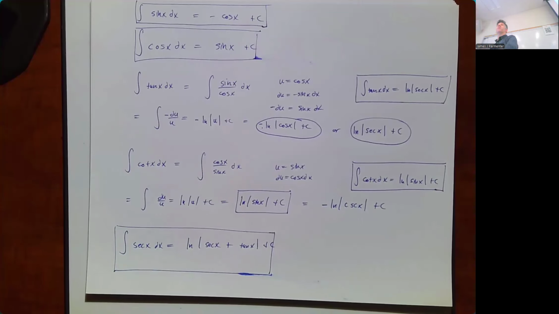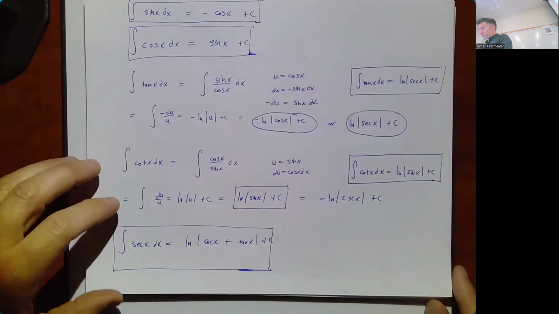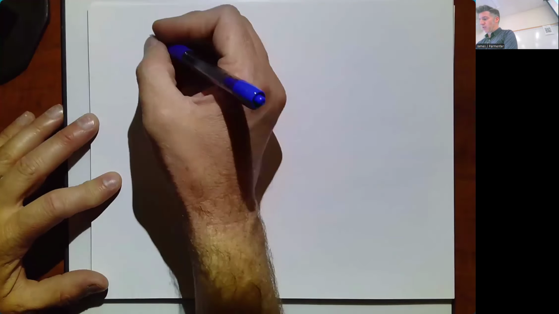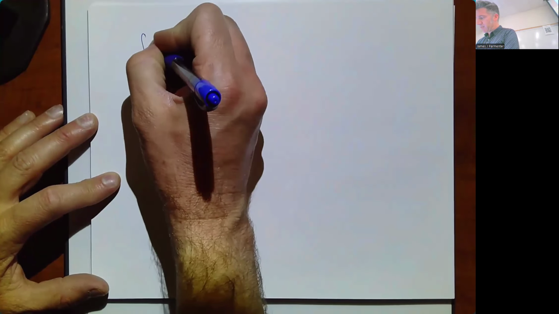Later on, if you're interested, we can talk about how you find it, using partial fractions and some other cool tricks. But that's not what we're talking about. If you want to talk about that sometime, come see me in office hours. I think it's really neat, but obviously it's not that important for this class, though definitely important for maps. So the last one is the integral of cosecant of x.